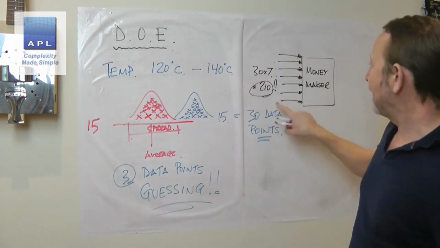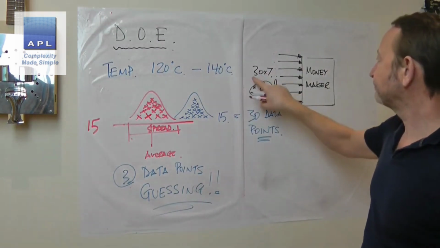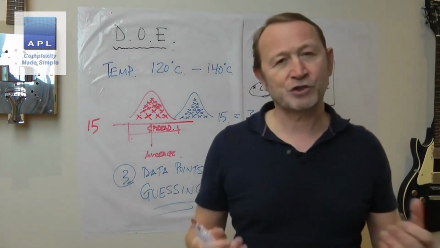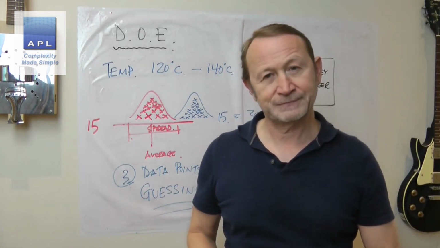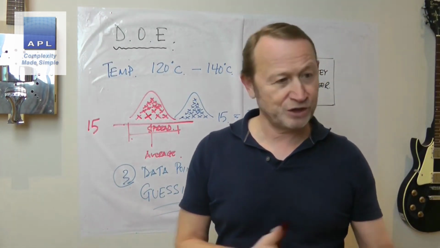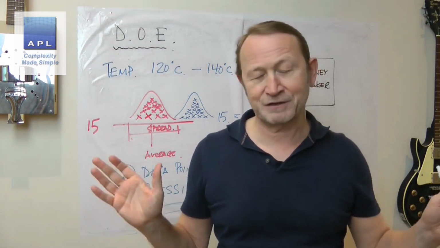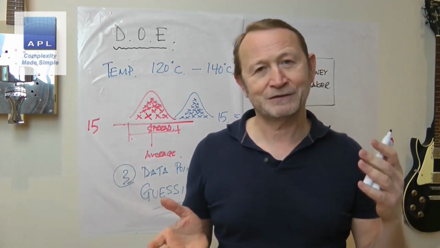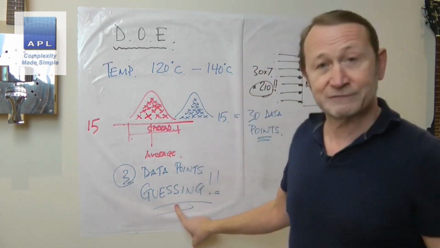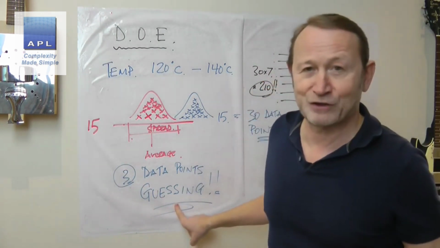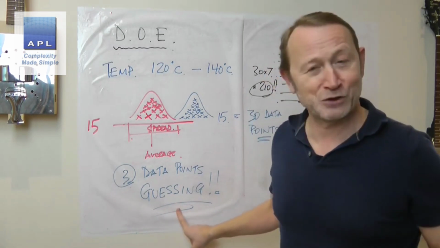If you do that for every variable, you're going to end up with bucket loads of data, all right? So when you say in the thing there, the leadership don't want to pay for the cost of the trials, that's okay, guess. Because that's not painful at all, is it? That's not a problem at all, guessing.